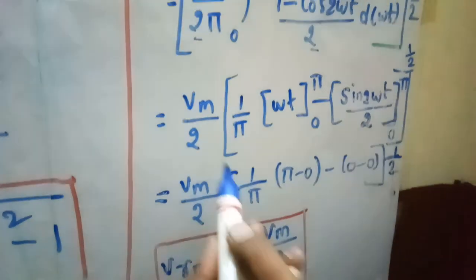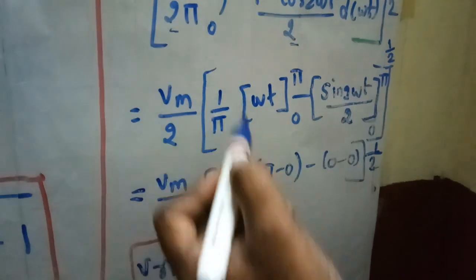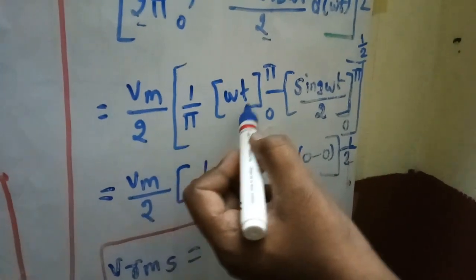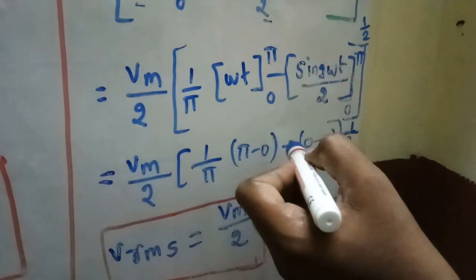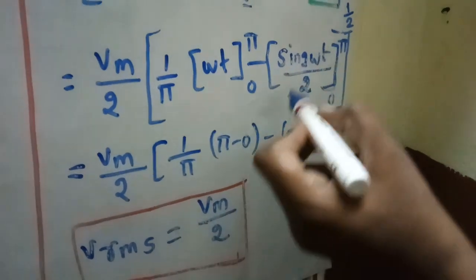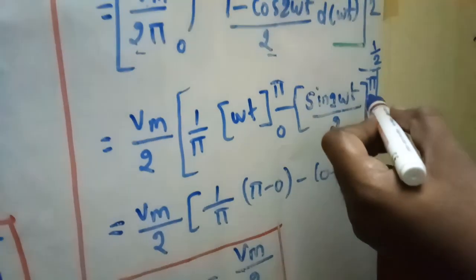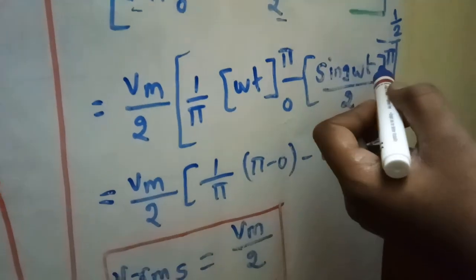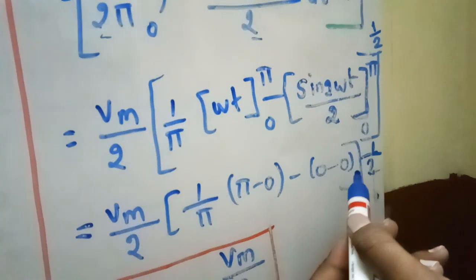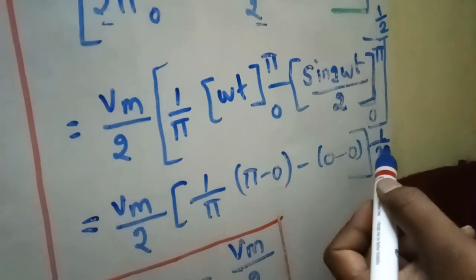Then apply the limits: Vm by 2 as it is, 1 by pi as it is, omega t is nothing but pi minus 0, minus sin 0 is 0, minus sin pi is 0, so 0 minus 0 we will get.